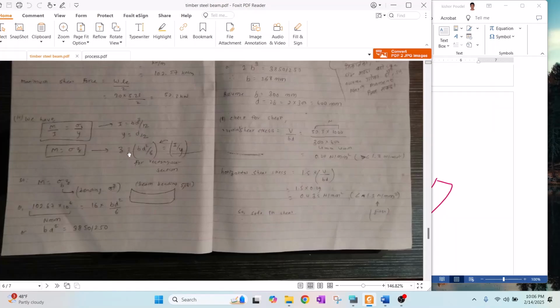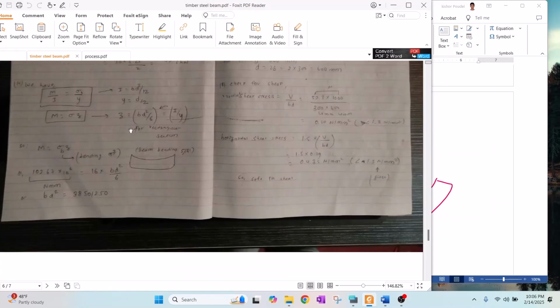If we replace I by bd cubed by 12 and y by d by 2, you can find the section modulus for a rectangular section, which is bd squared by 6. This value is different for different types of sections, for example circular, T section, and I section.